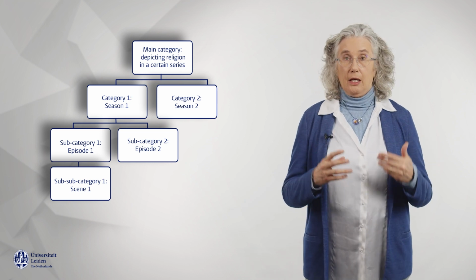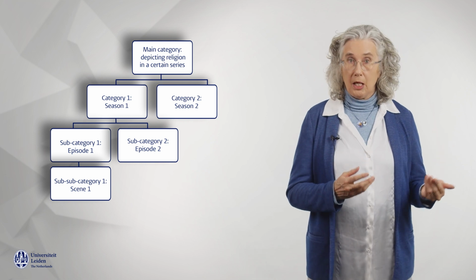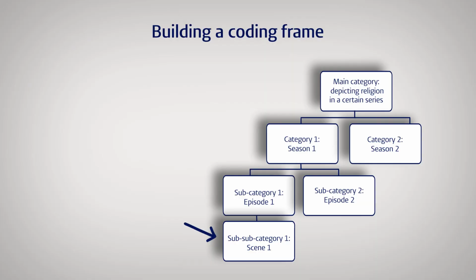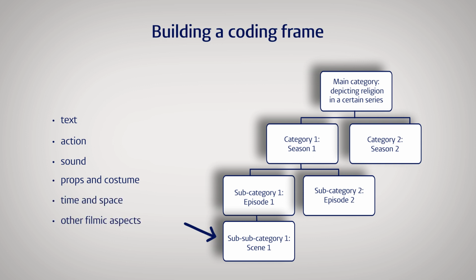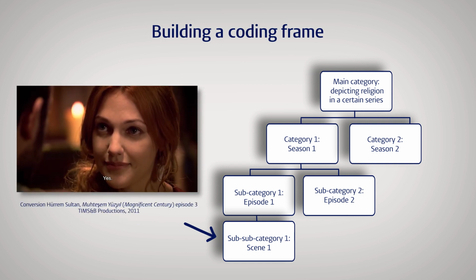This means that if we analyze a scene related to Islam, we pose questions related to the filmic categories of text, action, sound, props and costumes, time and space, and other filmic aspects. The questions I ask my material on the level of the scene are the following.